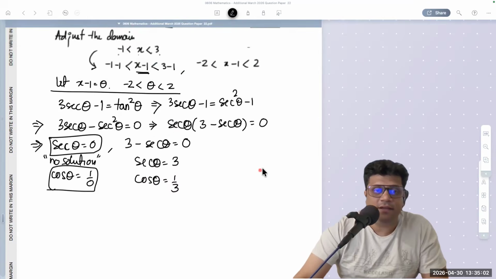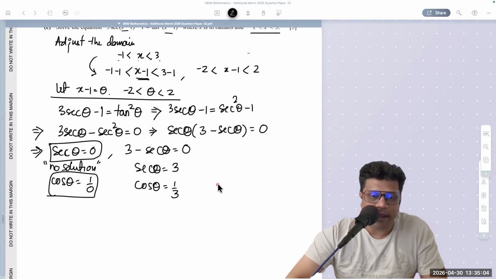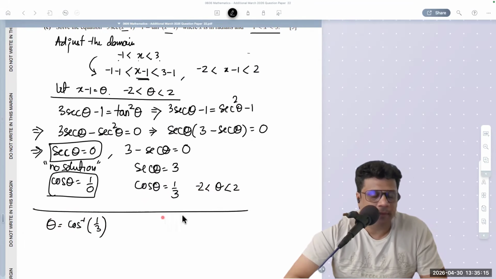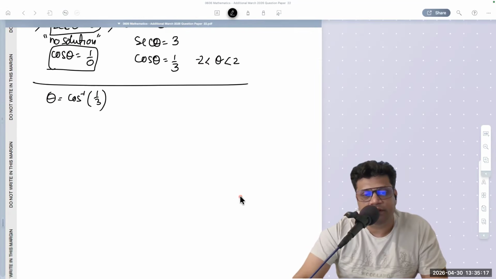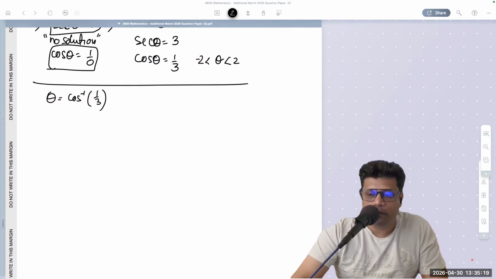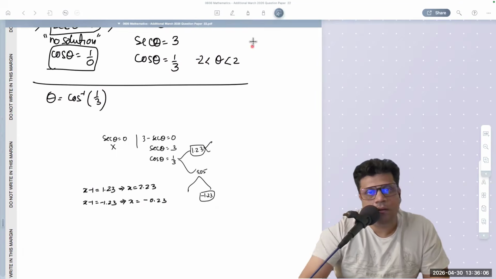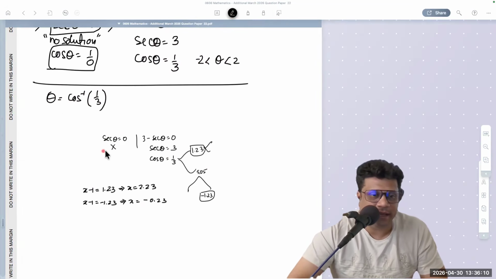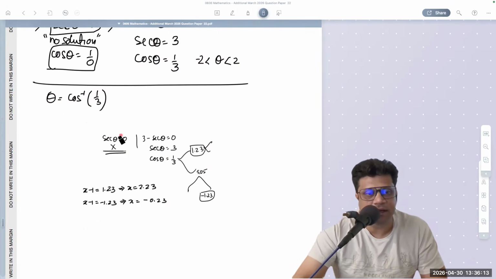And that can actually be solved for theta lying between 2 and minus 2. Okay. So let's go. Theta is going to be cos inverse of 1 by 3. And let's see what results we get. Give me a second. Okay, so sec theta equal to 0 fetches no result, so that is out of the scene.